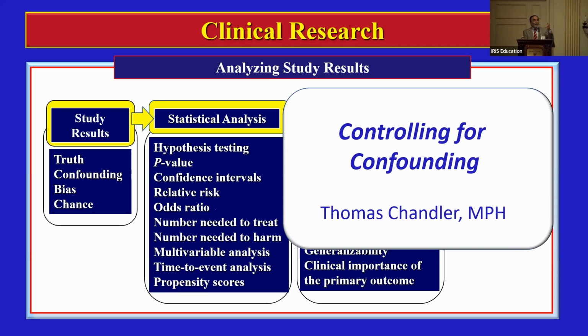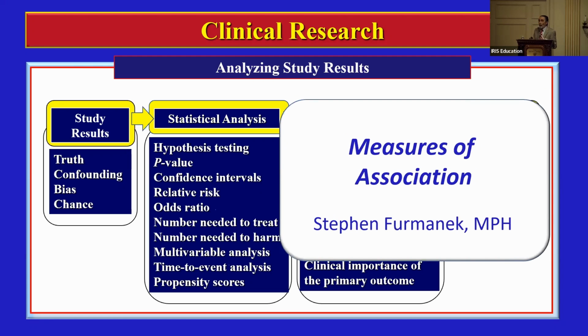And finally, there is an association between steroids and decreased mortality, or between this antibiotic and better outcome, or because this vaccine decreases COVID. Then how strong is this association? How many patients do I need to treat to get one benefit?